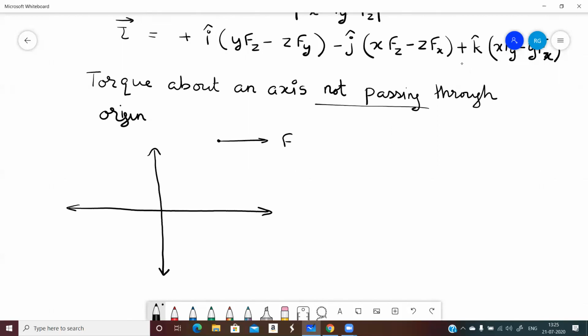So in the question they give that the force is applied at this point. So we write this point as r at. Force is applied at this point. And the position vector of this point about the origin I can make as r.